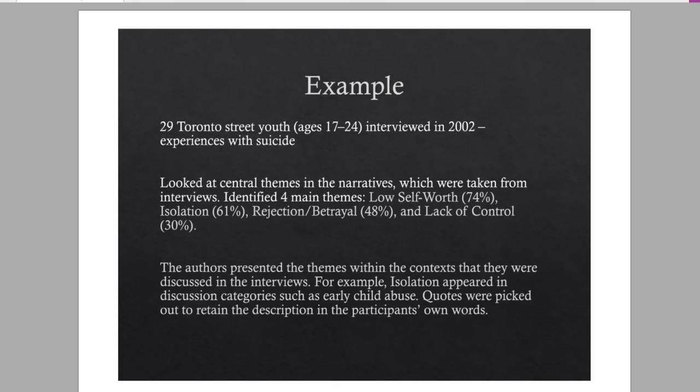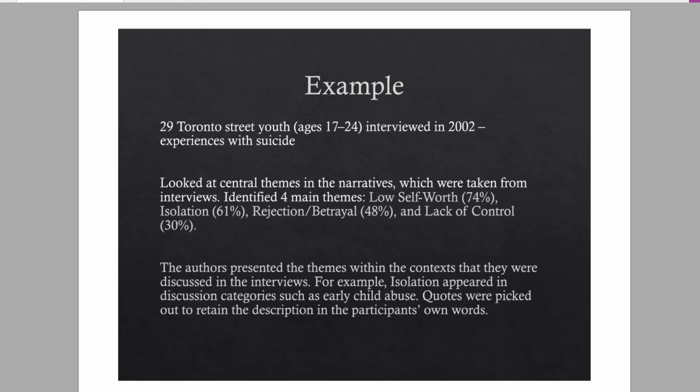But they found 4 main themes: low self-worth, which was included in 74% of the narratives; isolation, which was in 61%; rejection and betrayal; and lack of control. The authors presented the themes within the context that they were discussed in the interviews.